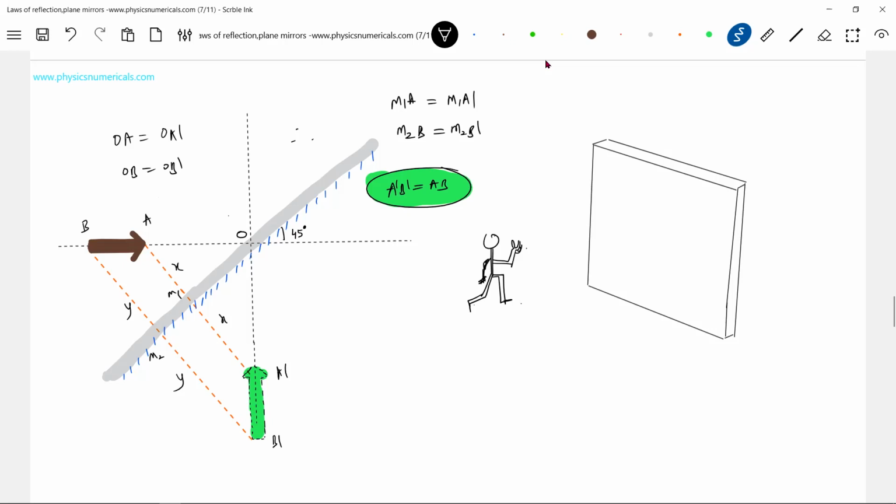How is the image? Let's make some condition.